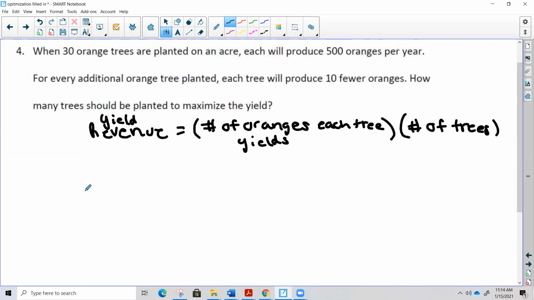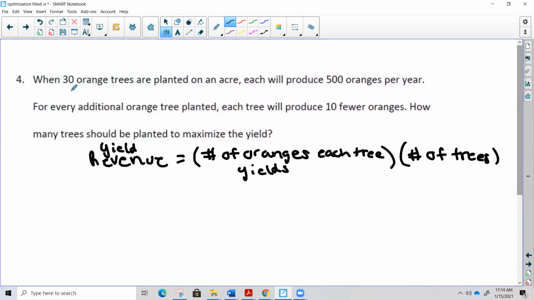So if I want to find the number of oranges for each tree, and we can use whatever letter you want, but we'll just say P again. If we look at this, we start with 30 trees being planted, and they'll produce 500 oranges.